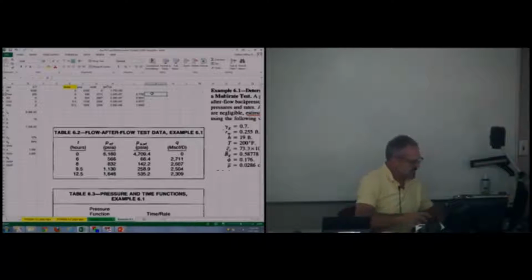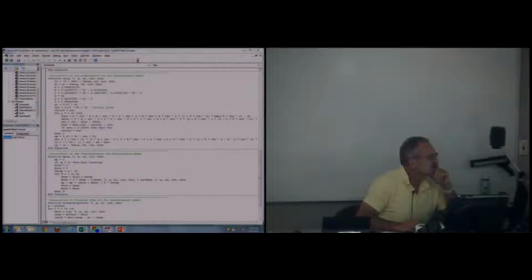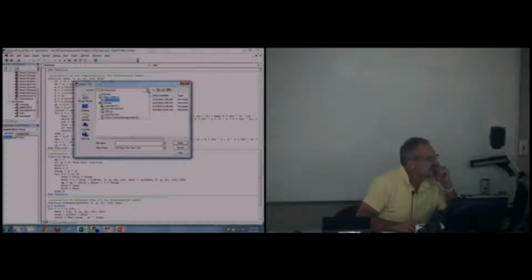So let's see if I think my spreadsheet already has this. I thought it did. Oh no, that's right. So I'm going to import them. I don't have to write mine. I'll just show you mine, and then you guys can copy it in.